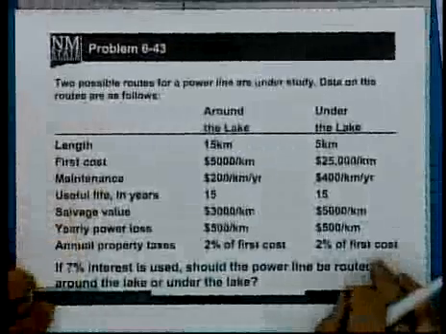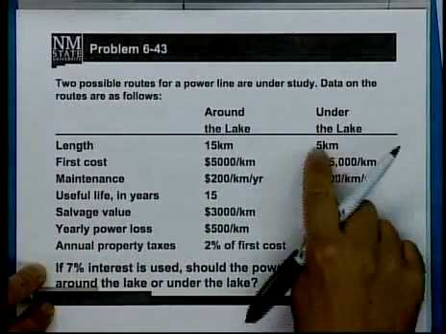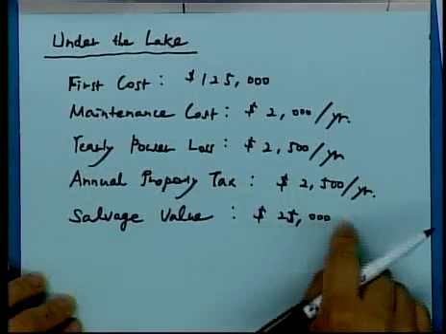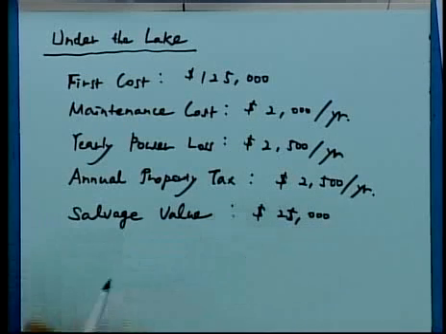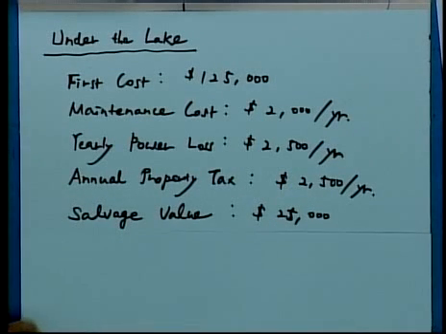Again, the number comes from $5,000 per kilometer times 5 kilometers, which becomes $25,000. Okay? So based on all this information, we can draw the cash flow diagram if the power line is under the lake.